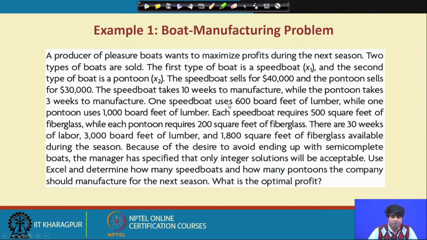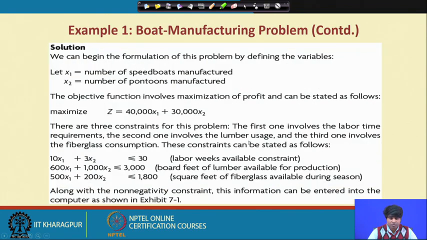The 2 different boats are represented as x 1 and x 2, and since they are boats, the values of the decision variables should be whole numbers, exclusively integer types like 10, 20, 30, 40. It cannot be 10.5 or 10.2. Obviously these are all constraints, with this kind of structure.